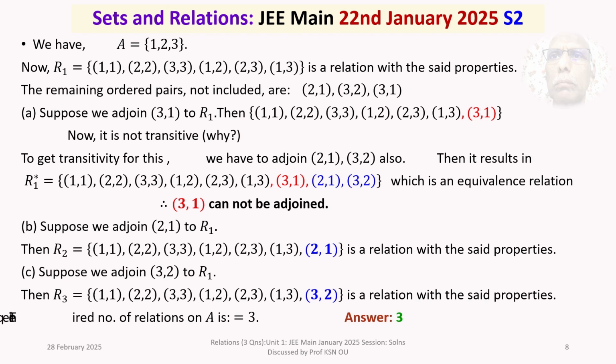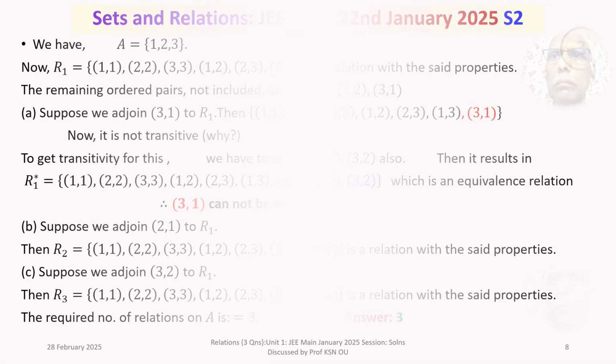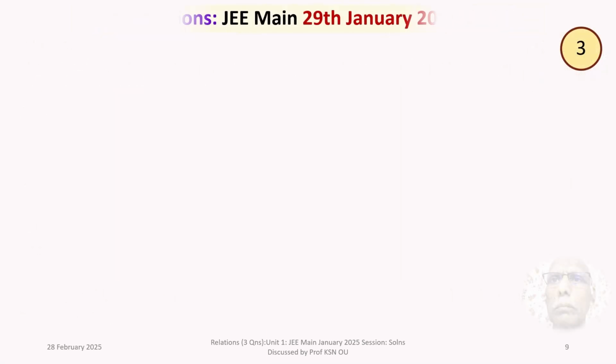The answer to this question is 3. That is the detailed discussion for this problem. It is also an easy problem. We go to the third problem. That is the last problem for this video.